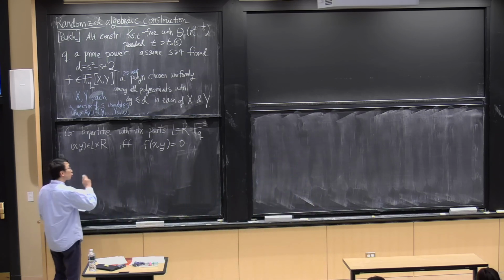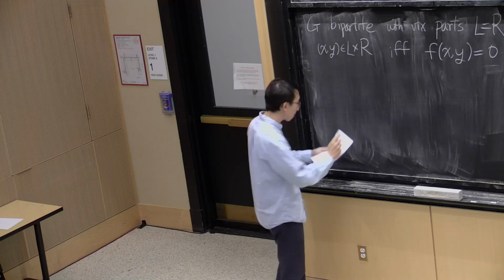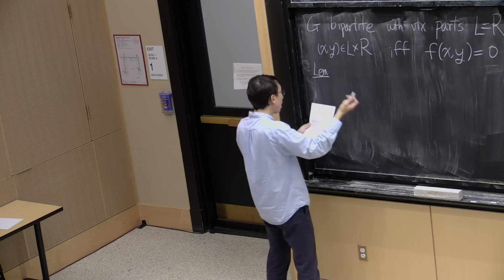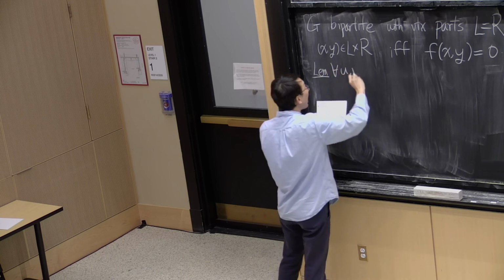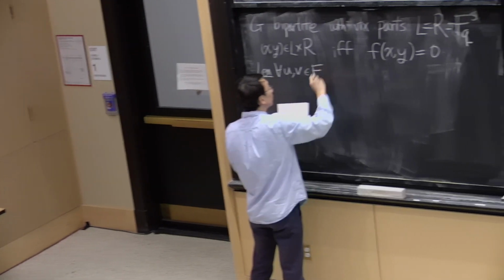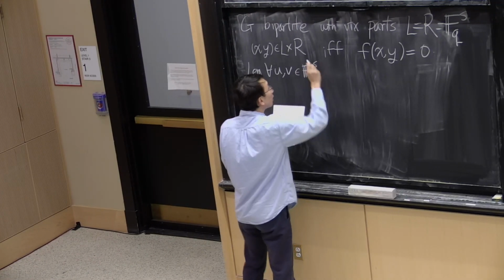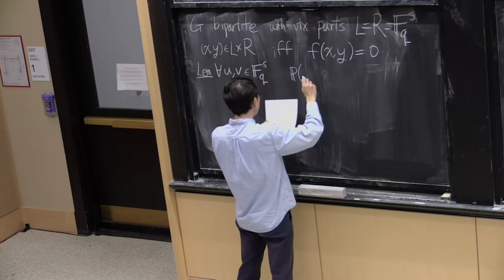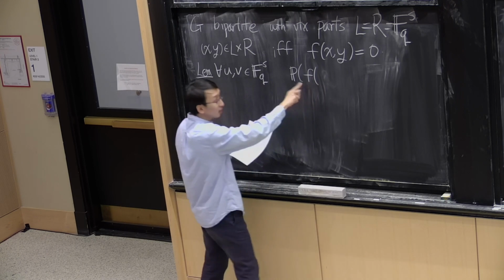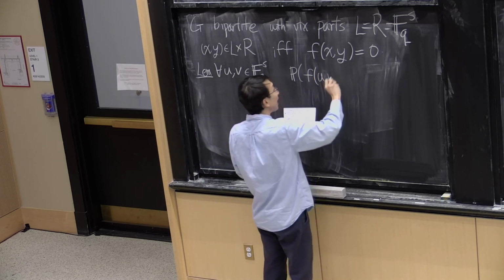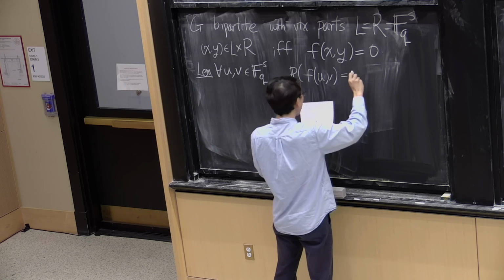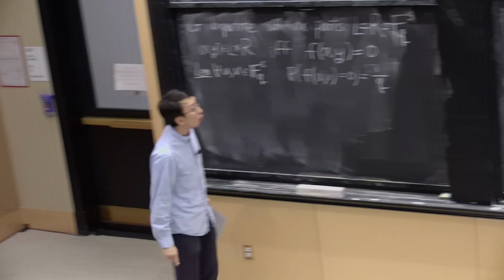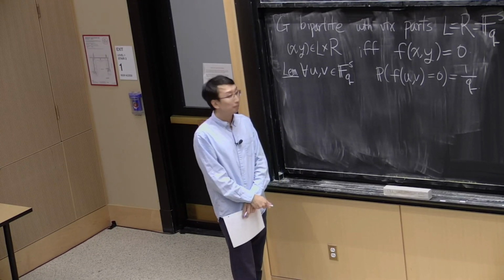First, let's show that this graph has lots of edges. That's a simple calculation, because for every pair of vertices, I claim that the probability, where f is the random object, that f evaluates to 0 on this pair is exactly 1 over q, 1 over the size of the field.